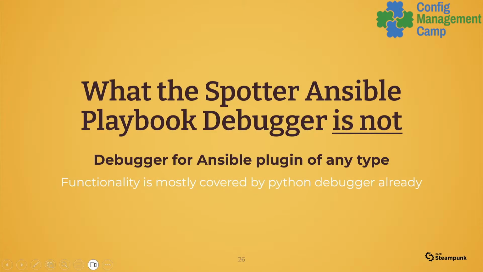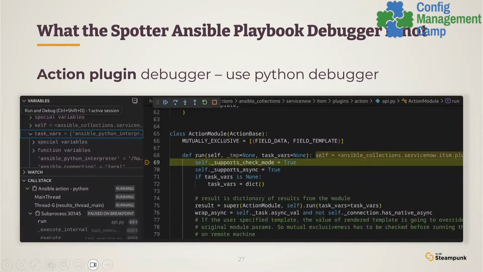Now it's also important to say what Ansible Debugger is not. It doesn't solve all the problems, or more importantly, it does not need to. It's not really well described on the official Red Hat pages.